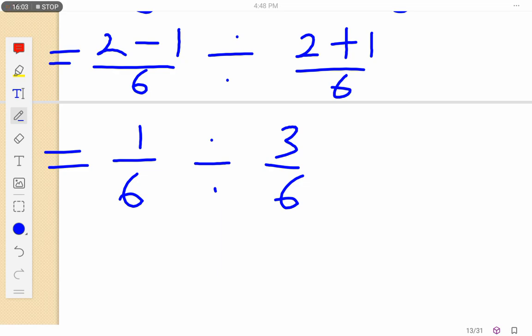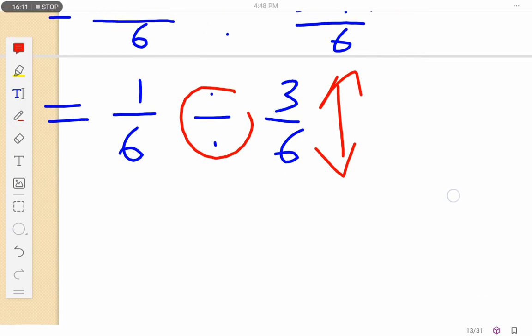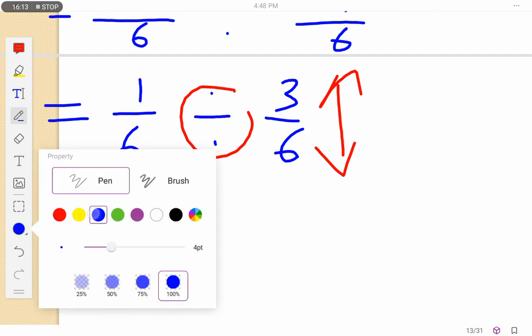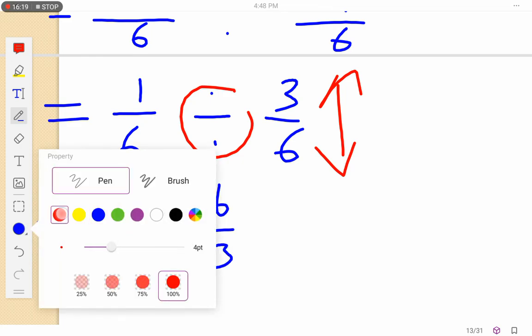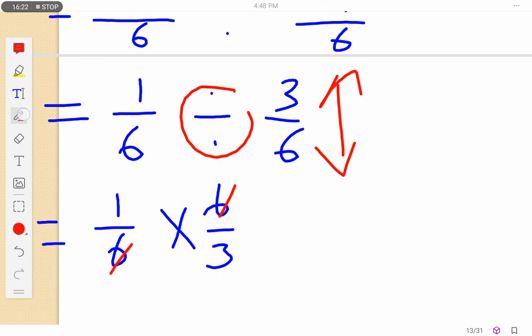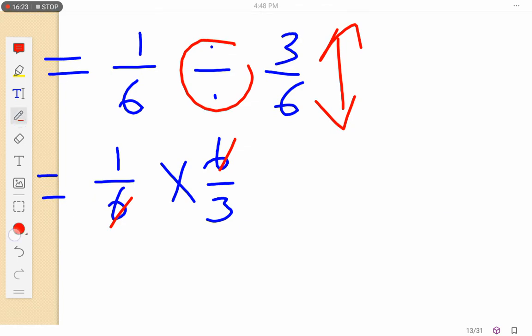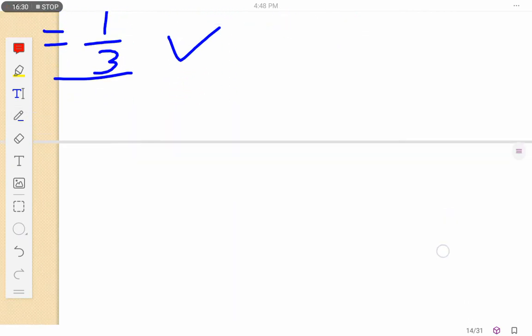Now I'm going to invert this and have multiplication, and I'll have it as 1 over 6 times 6 over 3. Okay, and the 6s can divide each other there, so my final answer becomes 1 over 3. Okay, so this is the final answer. This was the last question.